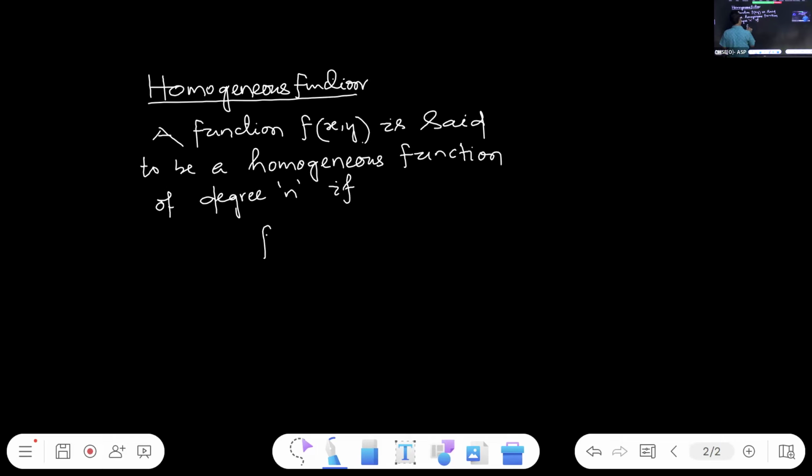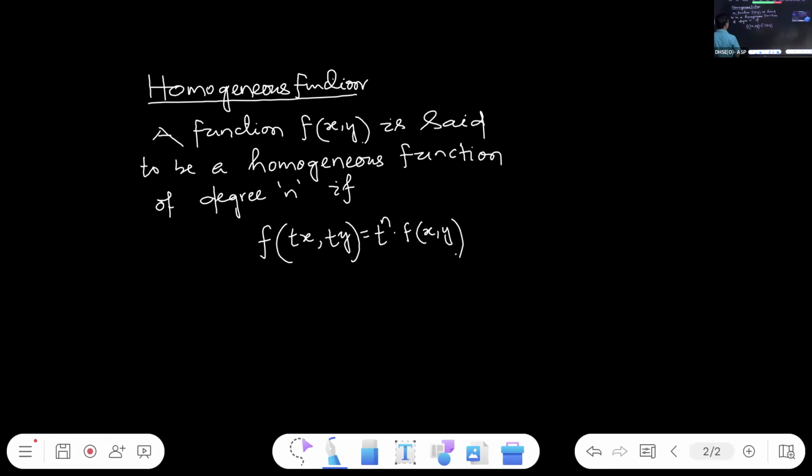f of tx, ty equals t to the power n f of xy. A function f of xy is said to be a homogeneous function of degree n if f of tx, ty is equal to t to the power n f of xy.